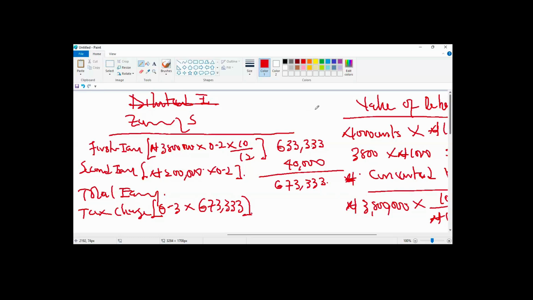So how much is the tax charge? 202,000. 200 and 2,000. 202.